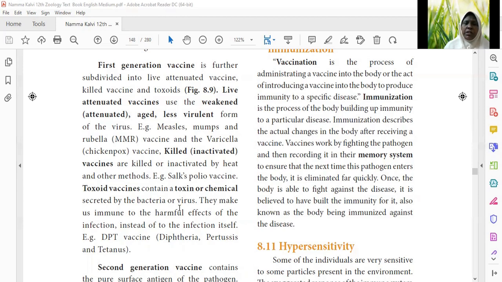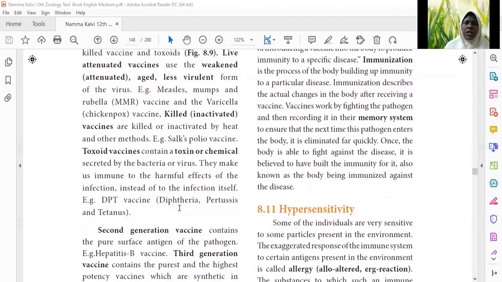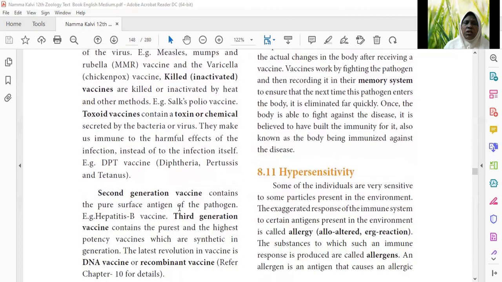The third type which comes under first generation vaccine is the toxoid vaccine. As the name refers to, it consists of a toxin or chemical substances secreted by the bacteria or virus. This kind of vaccine makes us immune to the harmful effects of the infection.